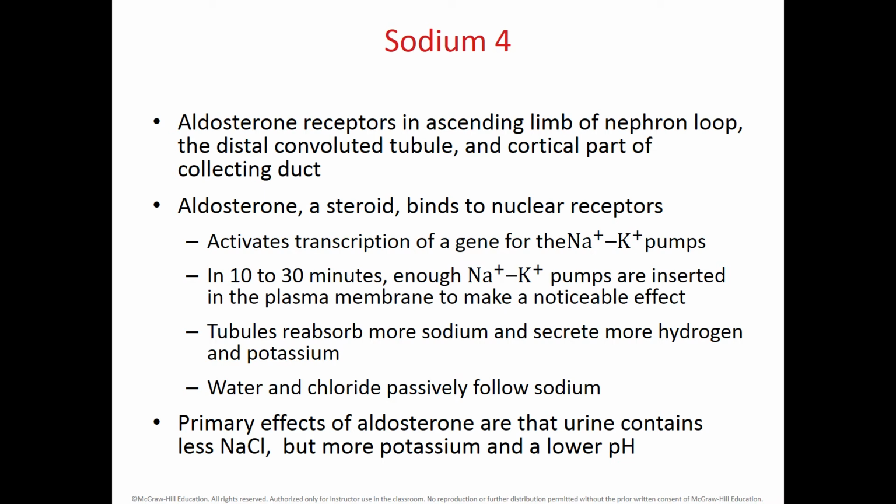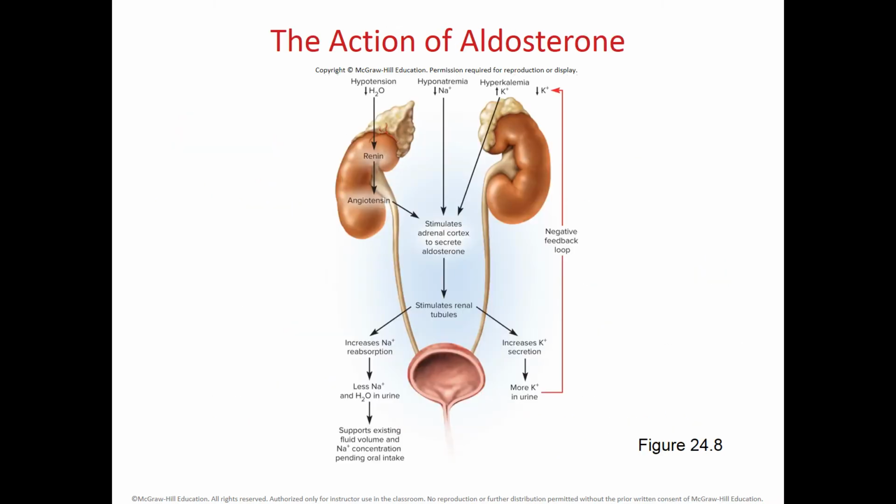So the primary effect of having aldosterone around the kidneys will be that the urine will have less sodium chloride and it will have more potassium and a lower pH, or will be more acidic.